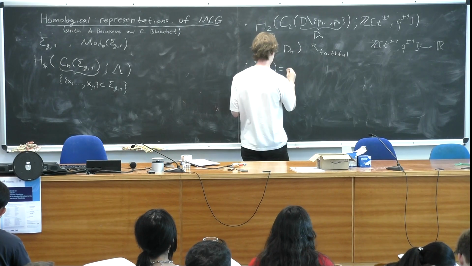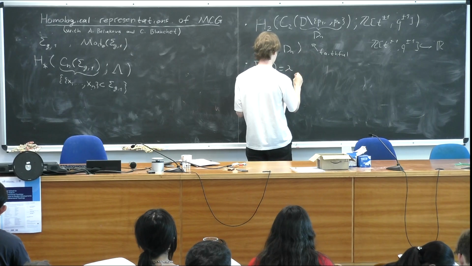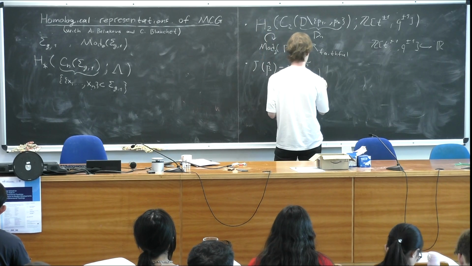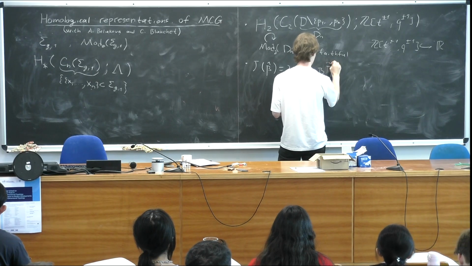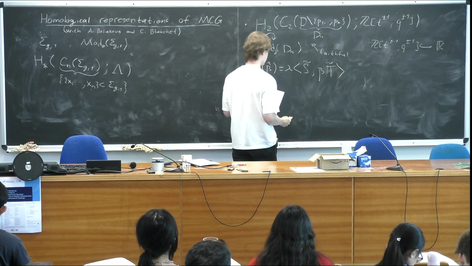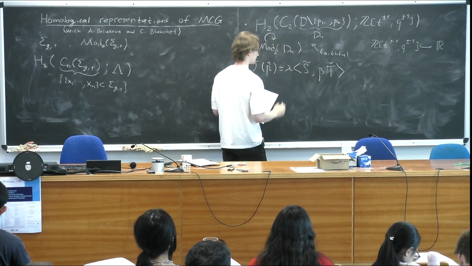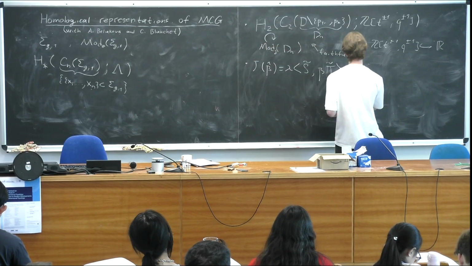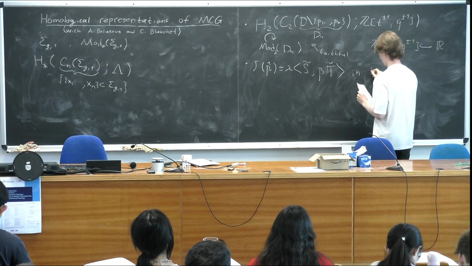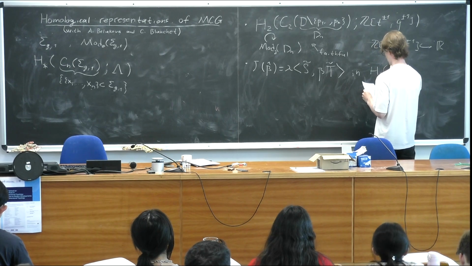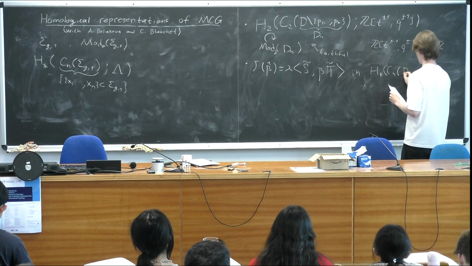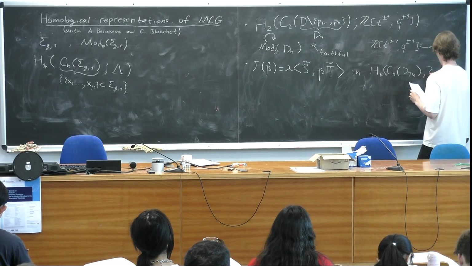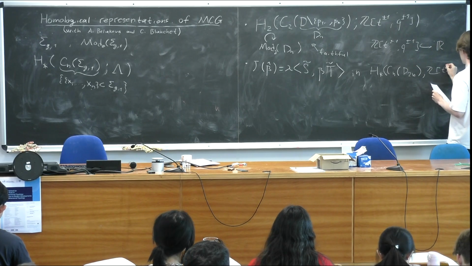And then Jones polynomial can be obtained as an intersection number between two embedded surfaces. So this is an intersection in homology of, again, some configuration space of a punctured disk in some local system.